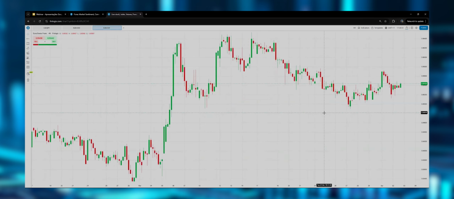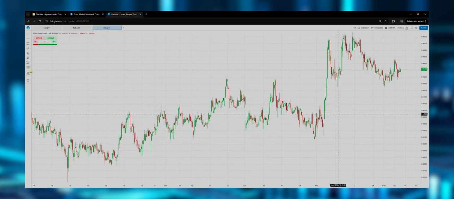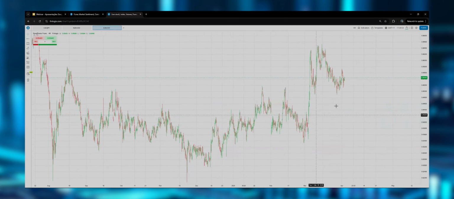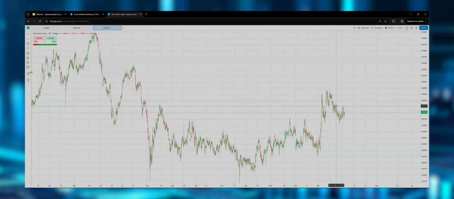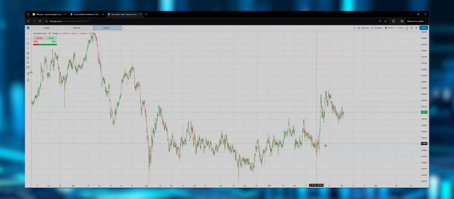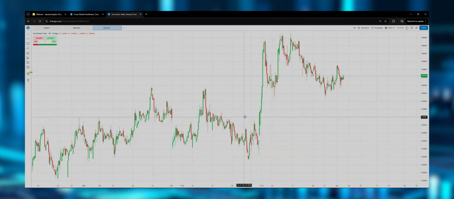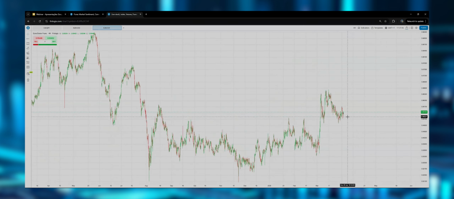But 4-hour chart. Yeah, look, it doesn't look bad to me. We do have this box here that maybe we can come and catch, and a continuation downwards there would be good.